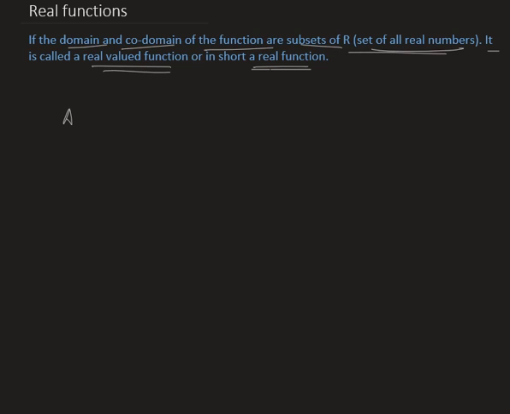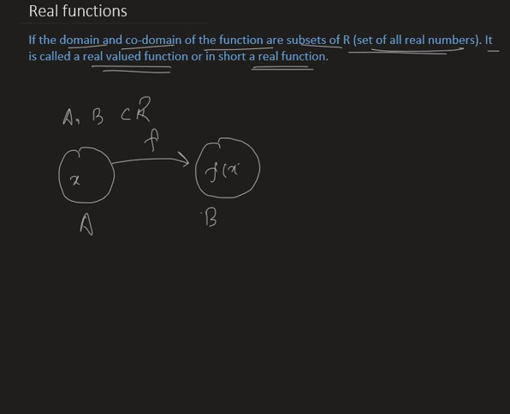Suppose A and B are subsets of R. Suppose this is A and this is the set B. Suppose in the set A we have a value x, and here we get the value of f(x) with the help of this function f.